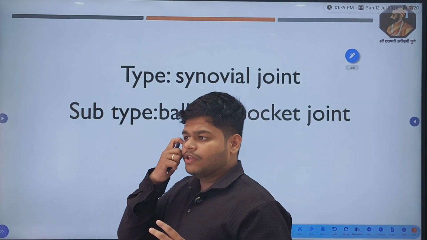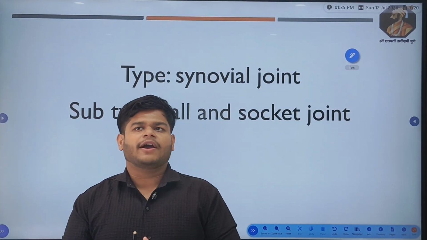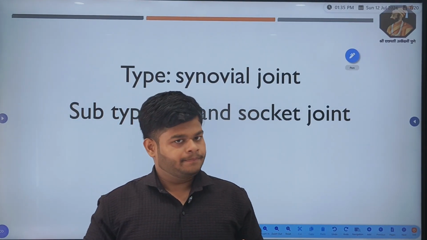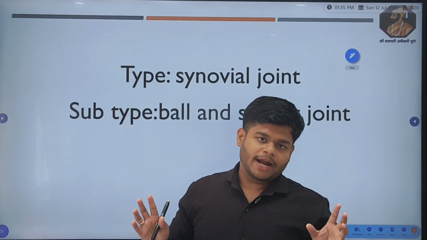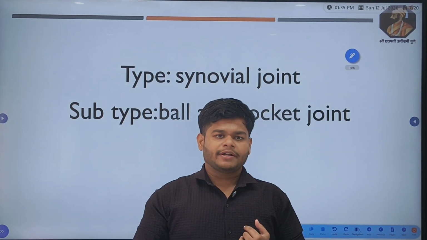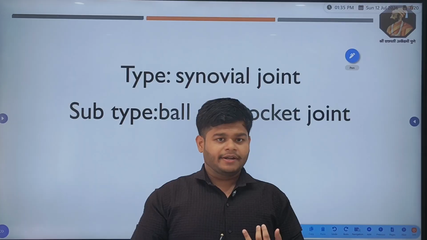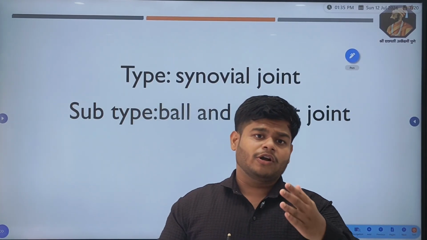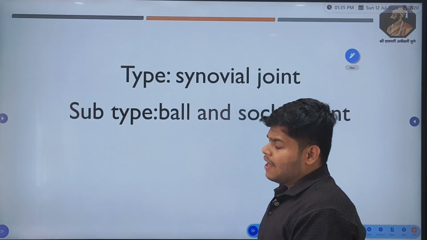On the basis of movement, joints are classified into three types. First is the immovable joint, which does not move at all, present in the skull, like the parietal-temporal joint. The sutures are called fibrous joints.